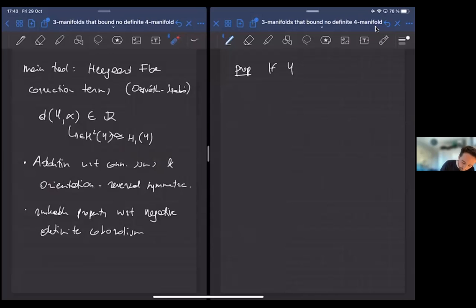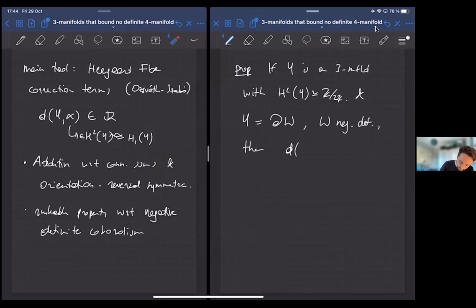If Y is a 3-manifold with H^2 isomorphic to Z mod 2, for instance RP3, and Y is the boundary of a negative definite 4-manifold, then d(Y,0) plus d(Y,1), where 1 is the non-zero class, which I will call 1 very imaginatively, is non-negative.